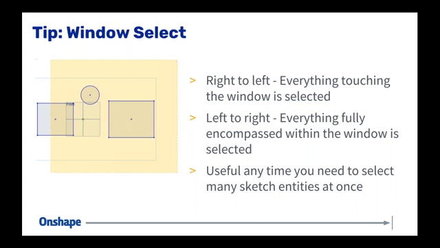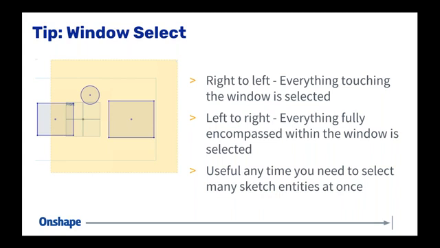And that distinction is very important if you have a very big sketch and you're trying to select dozens of entities within a sketch consisting of hundreds, and you're trying to grab certain entities, where a left to right selection may give you exactly what you're looking for, whereas a right to left selection gives you many excess things, many things you never wanted, right?